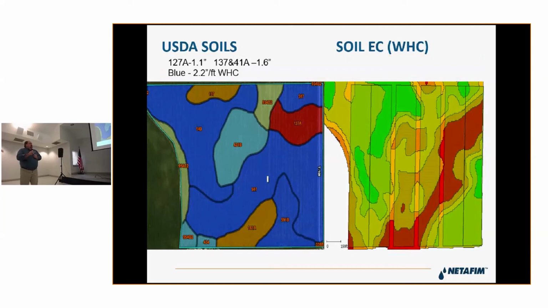The red is the limited soil, the 1 inch per foot water holding capacity, and then it stacks out all the way to 2 inches of water holding capacity. So this does a better job of predicting where the soils change. So if you didn't have this layer and you had this layer right here, where would you put the soil probe?